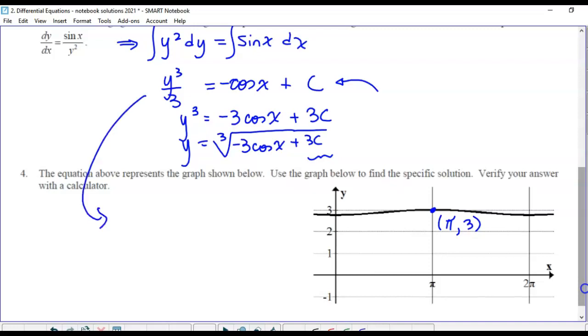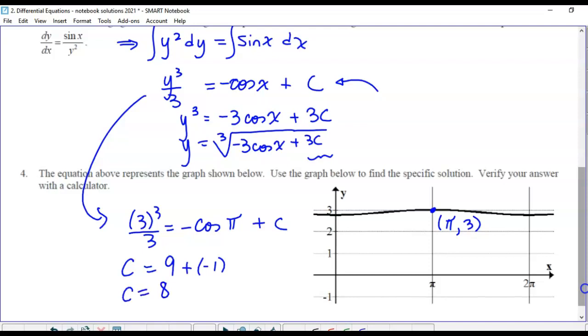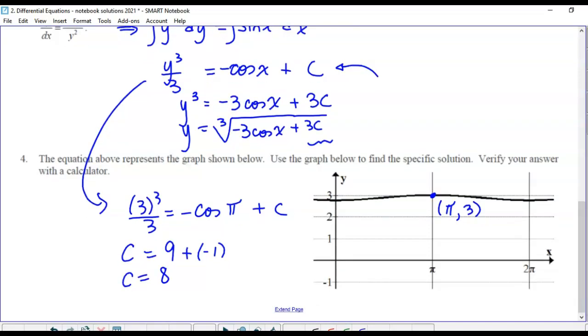So y is 3, x is pi, so c will equal 27 over 3, which is 9, plus cos of pi, which is negative 1. So c equals 8. And then you can substitute back in.